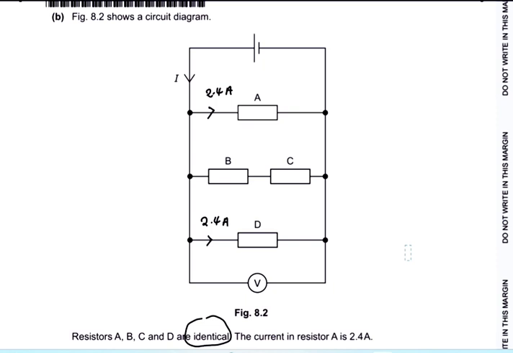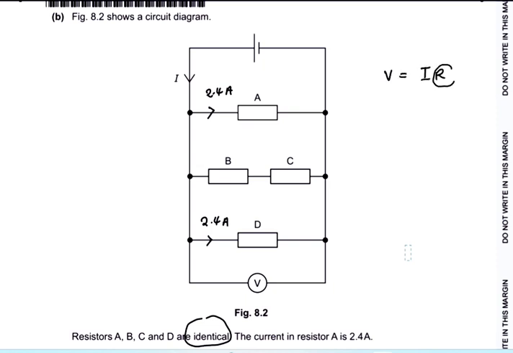It's quite interesting because if these are identical, then we have double resistance there. So if you have double resistance, what happens to the current? Remember, current is going to drop from Ohm's law. V is equal to IR.